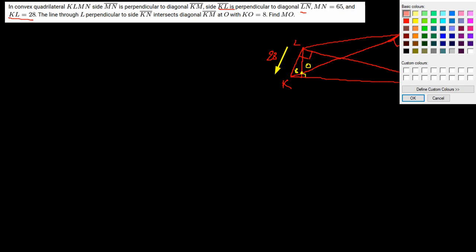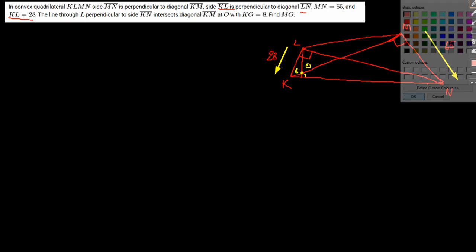So now let's take a look. Now, how can we go about it? Let angle MKN equal alpha. So say this particular angle be alpha, and angle LNK equal to beta.